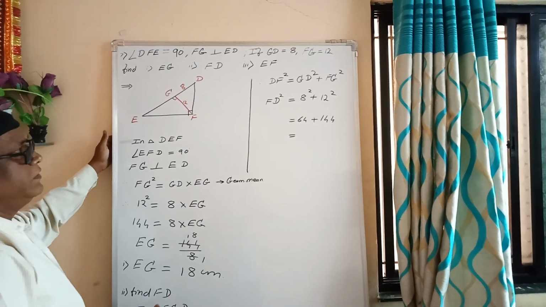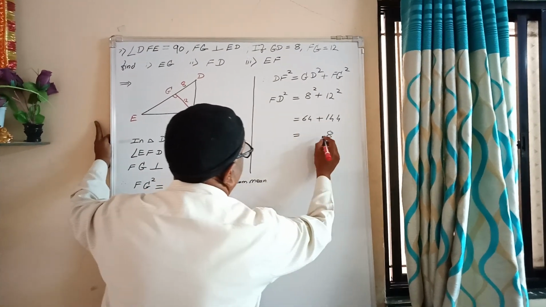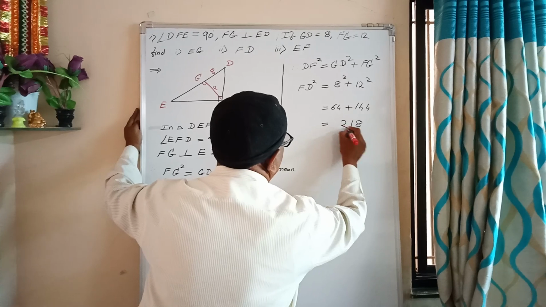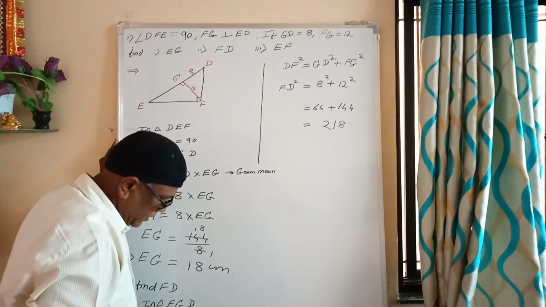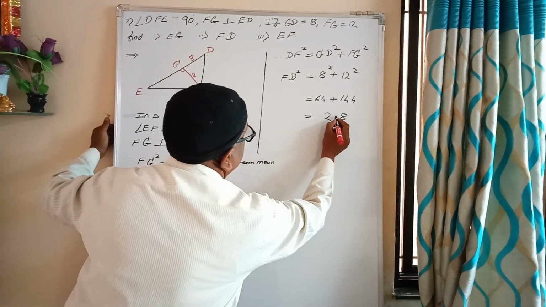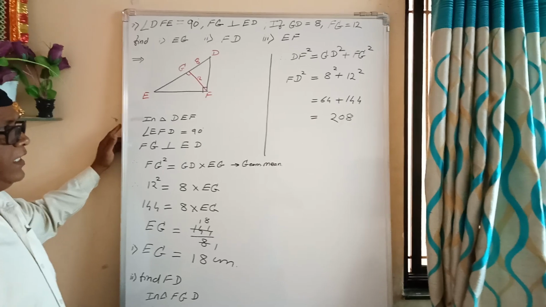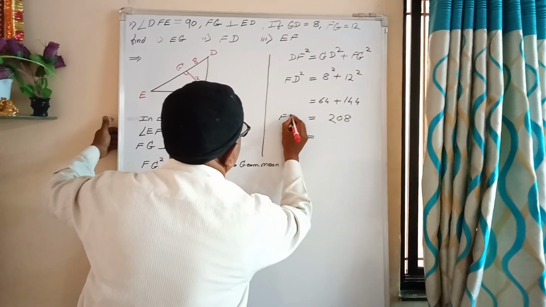By adding, 4 plus 4 is 8, 6 plus 4 is 10 and 1 is 11, 1 and 1 is 2, that is 208. 208 is FD square.